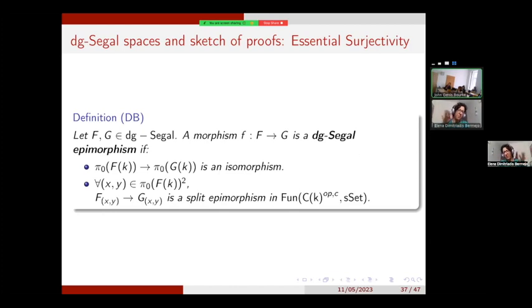So we need another definition of hypercover. A morphism between two DG simplicial spaces is a DG simplicial epimorphism if the morphism on its objects is an isomorphism, and also the induced morphism in the DG mapping spaces is a split epimorphism.